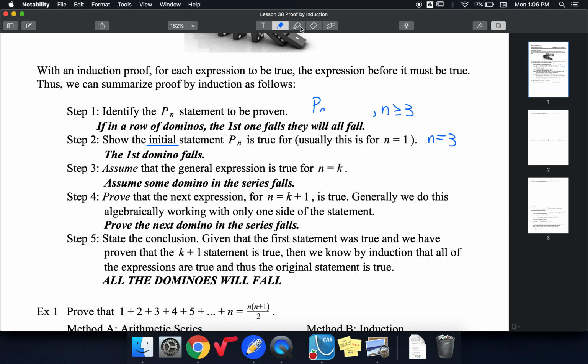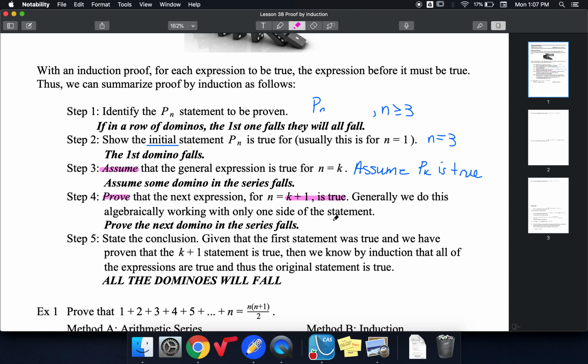The next thing we're going to do is assume that the general statement is true. So you actually need to write on your paper, assume P sub k is true, and write down what that's going to be with a left-hand side and a right-hand side. Then we need to prove that the k plus 1 statement is true.